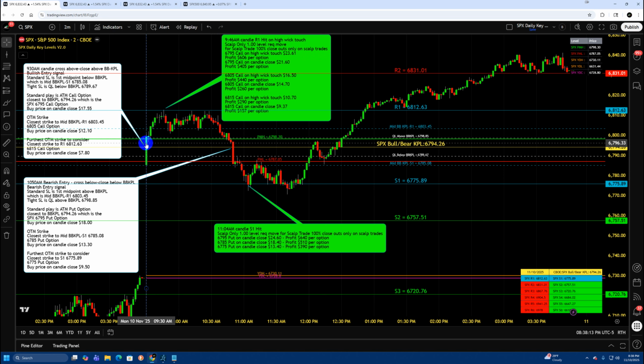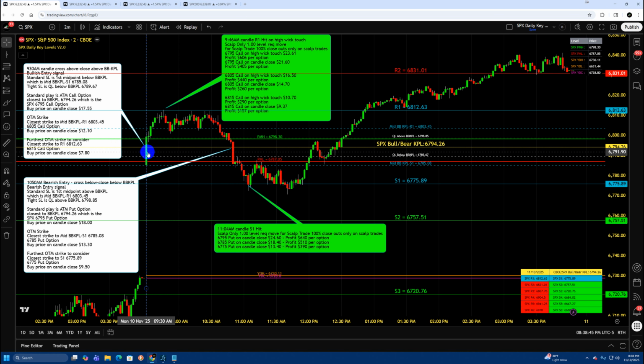Okay, so this opening candle is the 9:30 a.m. candle. It is in range. As you can see, it opens up below the bull bear KPL, crosses over the pre-market low, also crosses over the bull bear KPL, and closes above the pre-market high as well. But it is still within range. The most important aspect of this candle is not that it closes above the PML or PMH, although that is important in context.